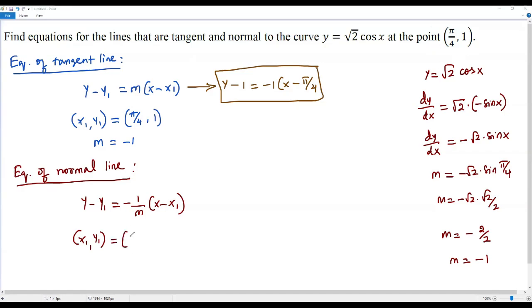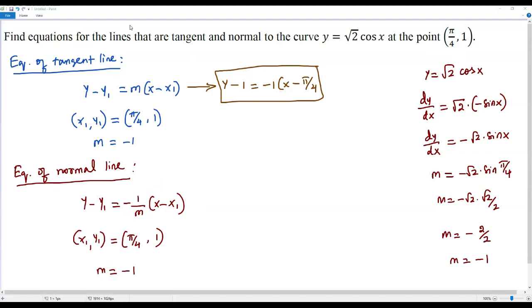So for x1 comma y1, we plug in pi over 4 comma 1. We already got the value of m, which is negative 1, the slope of the tangent line. We are not going to use m directly here, because we replace m by negative 1 over m. This is the slope of the normal line.